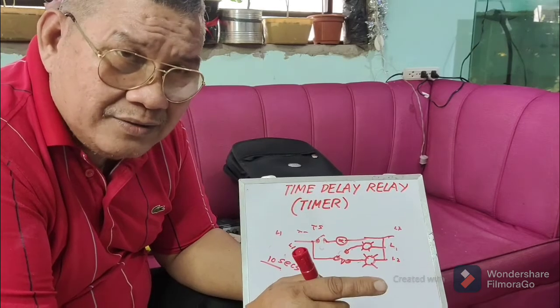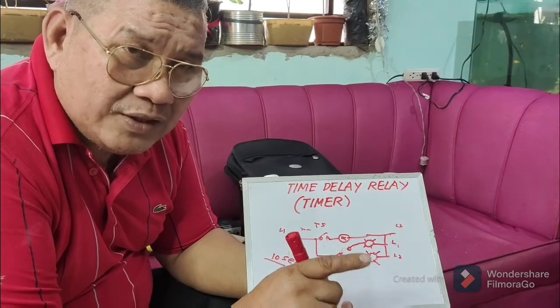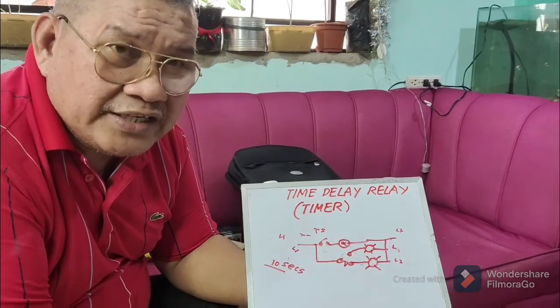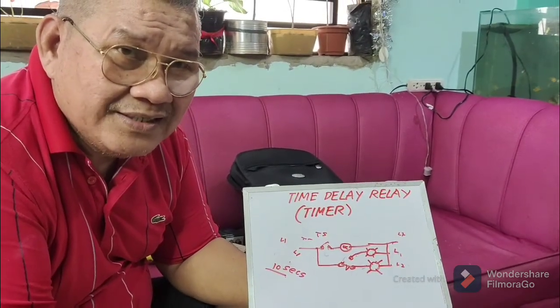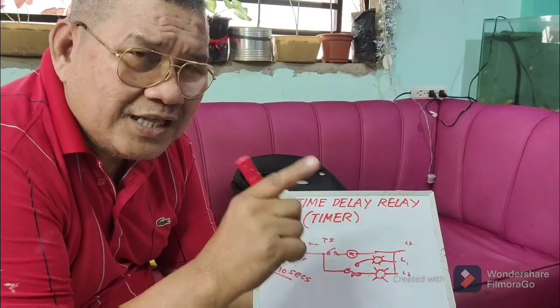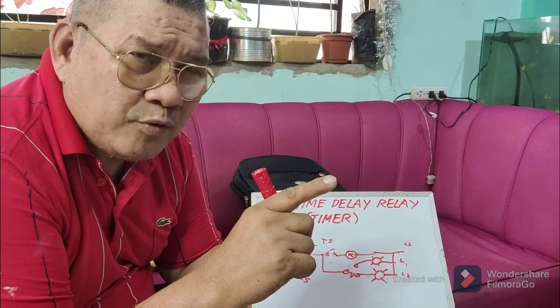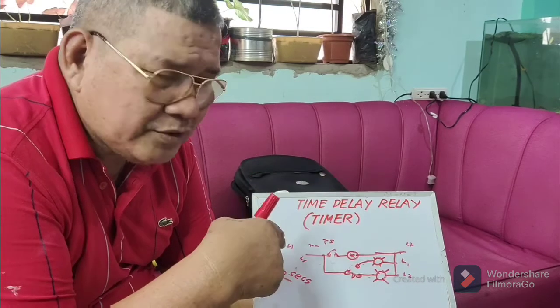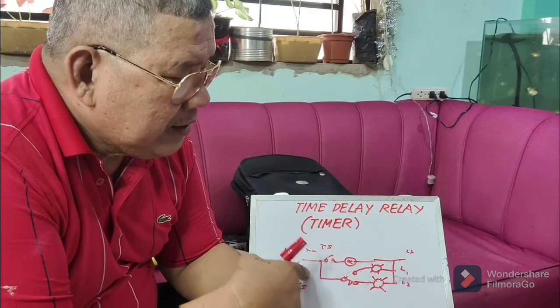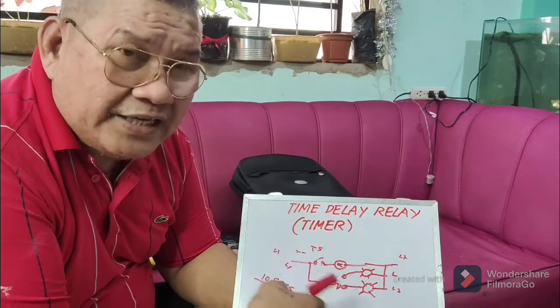In the on delay, what is it? It will delay to energize the device. But if you want to switch off, there is no time. Instantly, it will turn off. But if you want to switch on, based on the preset time, that's the time that it will energize. The off delay is the reverse.